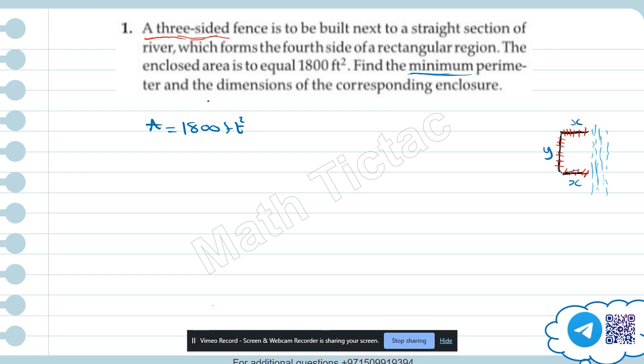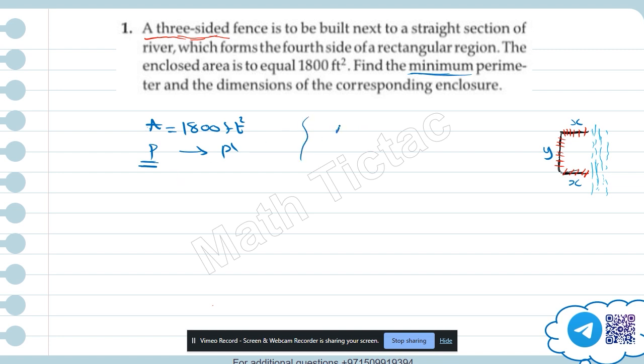Now find the minimum. Minimum what? We need to find the minimum perimeter and the dimensions of the corresponding enclosure. So we need to minimize the perimeter. For finding the minimum value of any function, we need to find p prime, then after that, we will use the number line test to find the minimum value.